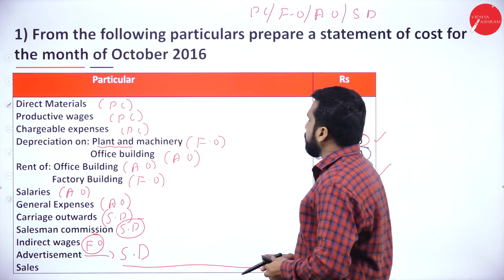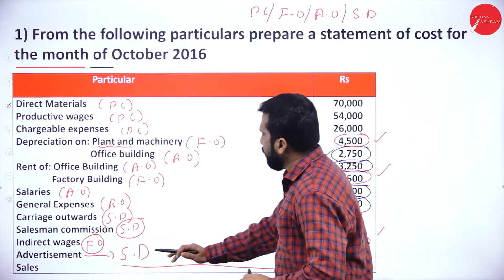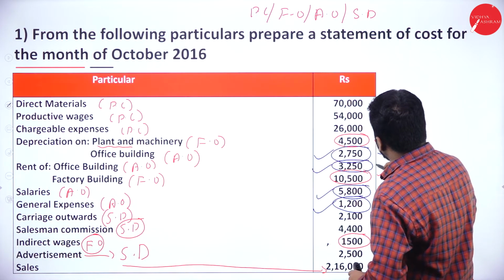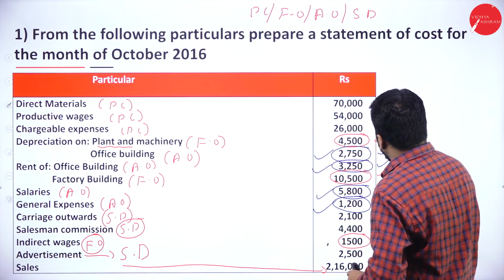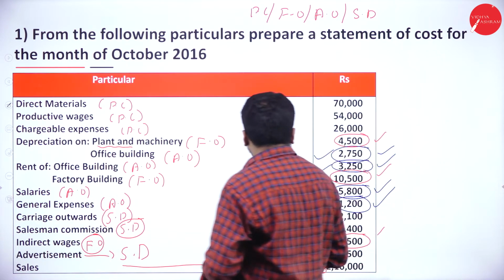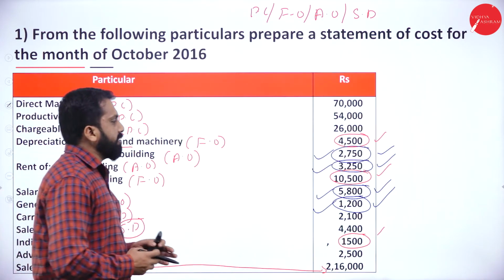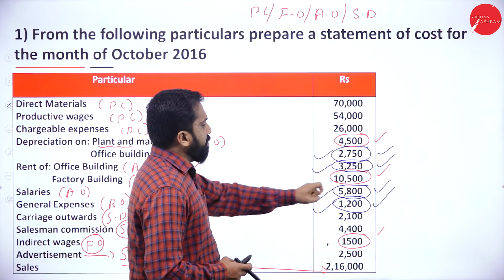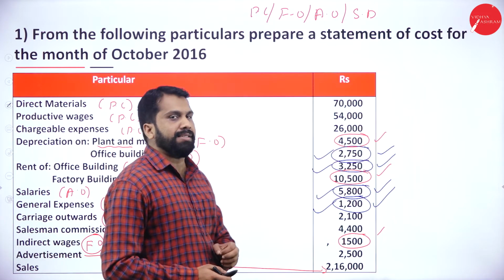Now, general expenses, it is done. Is there anything? No. So, 2,750, 3,250, 5,800, 1,200. Now, in this, total is how much? We'll check. 3 plus 2, 5, 6,000 plus 5, 11, 12, it is 13,000. We'll check in the answer.